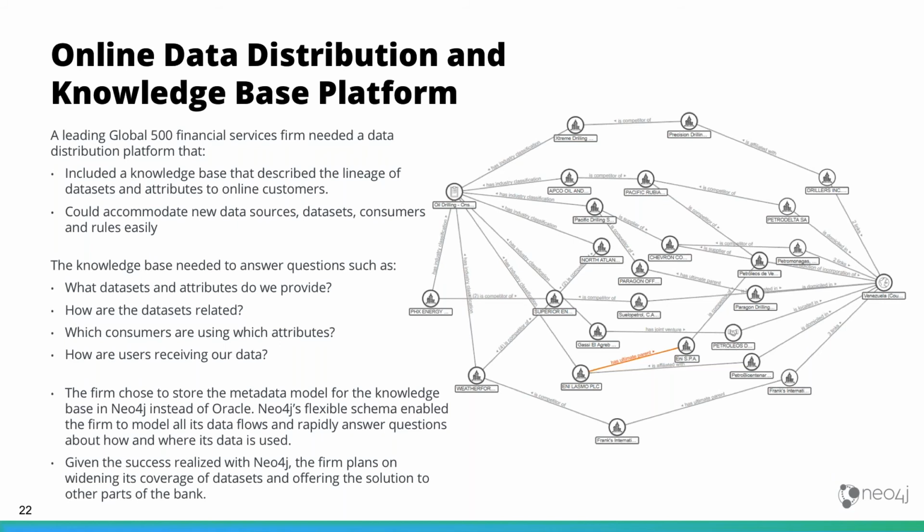So they chose Neo4j to put this together instead of Oracle because of the flexible schema, because they can continuously add new attributes, new companies, and new industry segments, and grow this graph over time. And as the graph grows, the value of the data grows not linearly but exponentially.